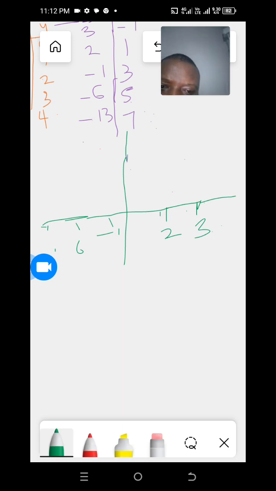So that is negative 13, and we have negative 6.